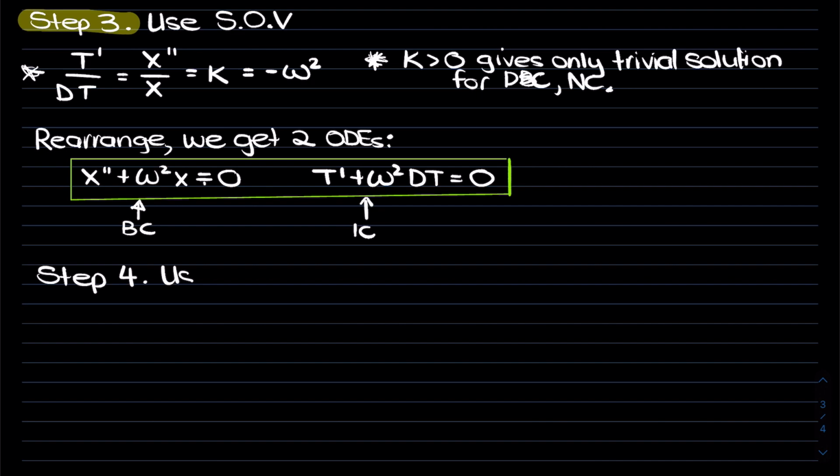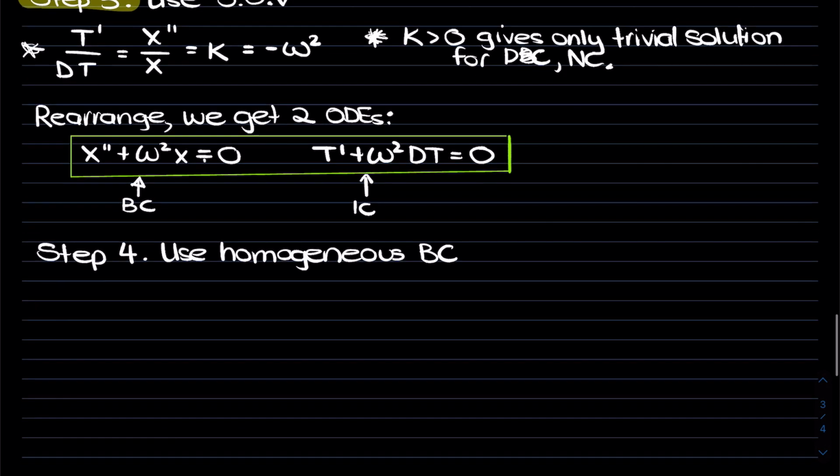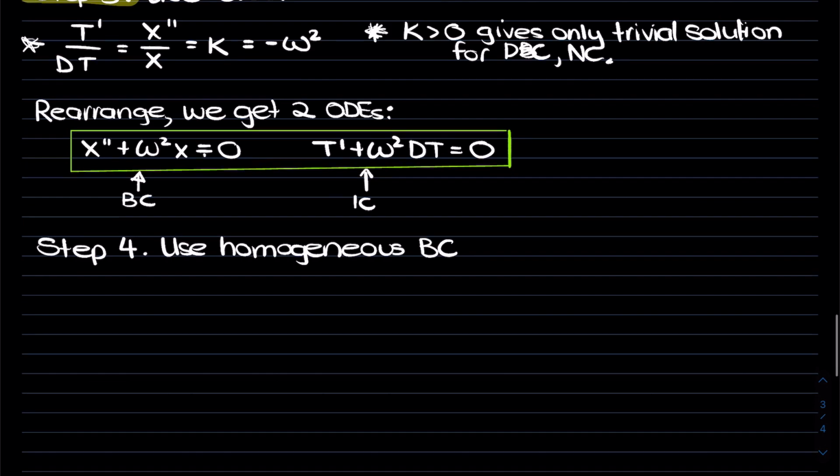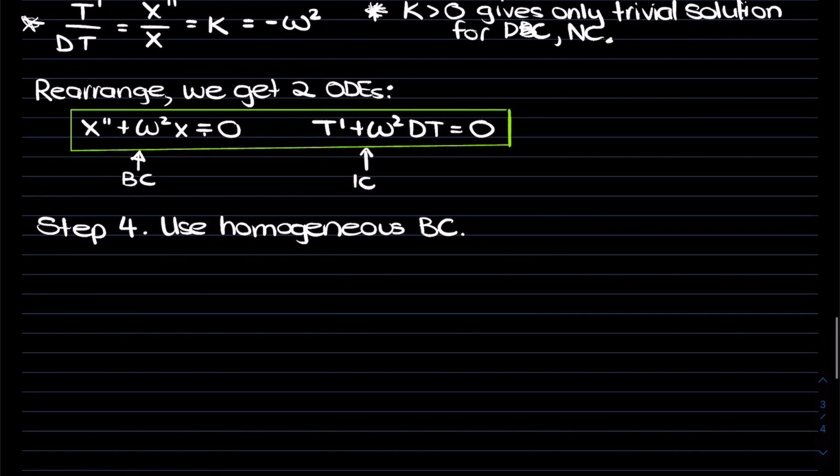We're going to use the homogeneous boundary conditions. Now, our two boundary conditions should be homogeneous. There is a method to work with if we don't have two homogeneous boundary conditions, but that's for another video. So we're going to be concentrating on this equation here, this ordinary differential equation.